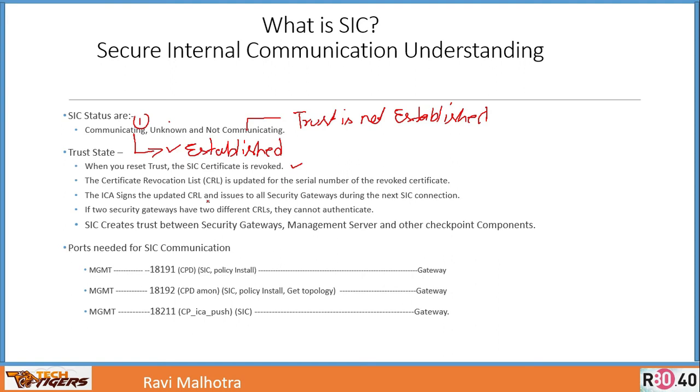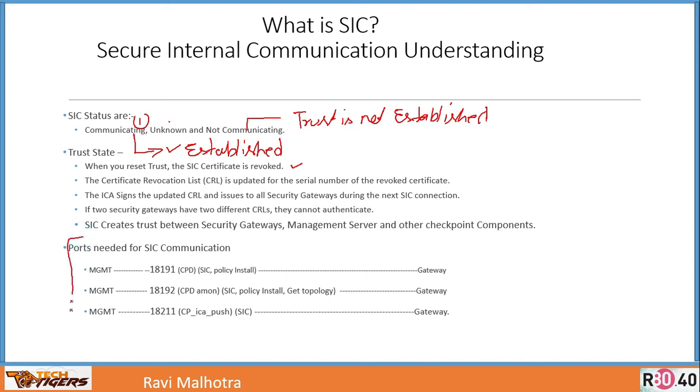CRL has to be the same. If two gateways have two different CRLs, that simply means that they are being managed by different security management servers. If two gateways are managed from a single Smart Center server, then they will have one CRL. SIC creates trust between the security gateway, the management server, and Check Point components.